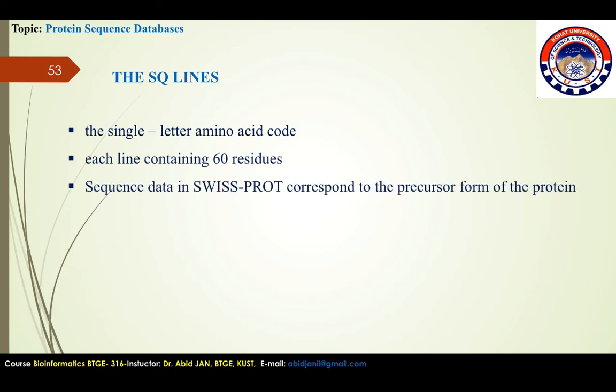Sequence data in SwissProt correspond to the precursor form of the protein before post-translational processing. Hence, information concerning the size or molecular weight will not necessarily correspond to values for the mature protein.